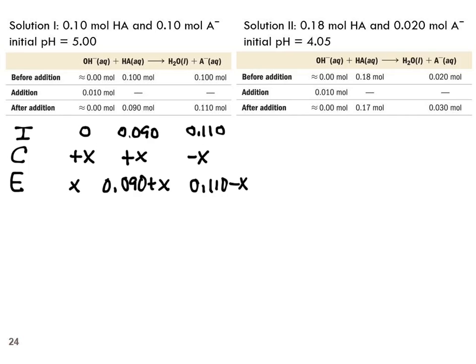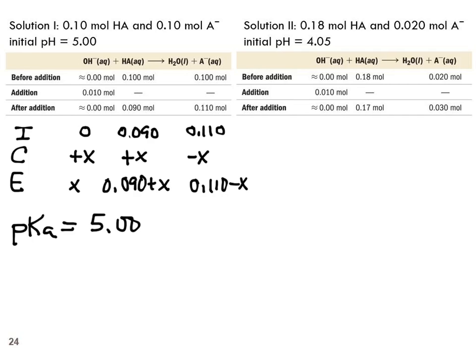The pKa for this buffer, the pKa was 5. And notice when we have equal amounts of the acid and its conjugate base, the pH is equal to the pKa. Well, so that's the pKa, but to do this calculation, we need the Ka, right?